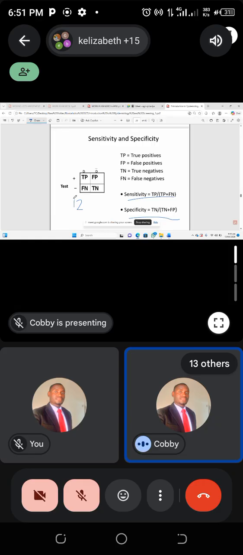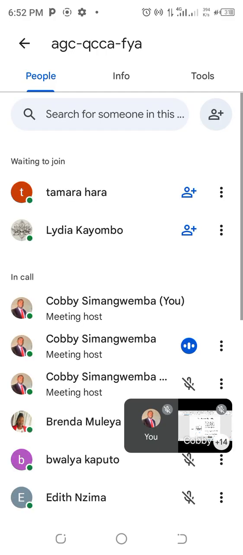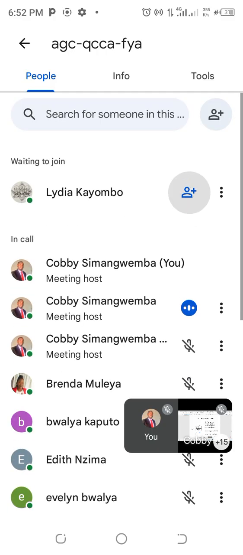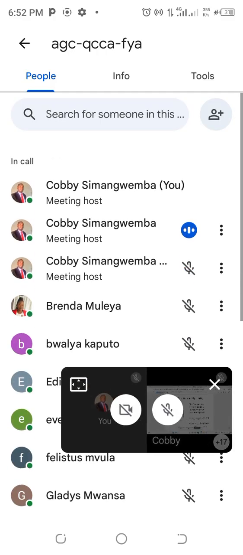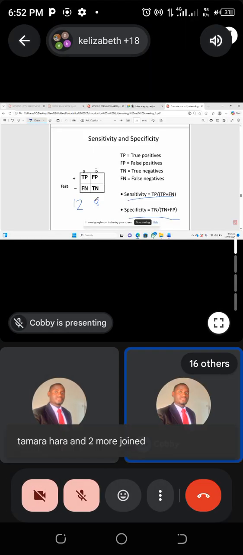I was giving an example that, for instance, 8 people test negative when they do not have the disease, and the test correctly says these people are true negatives, 8 of them. Then we have 12.